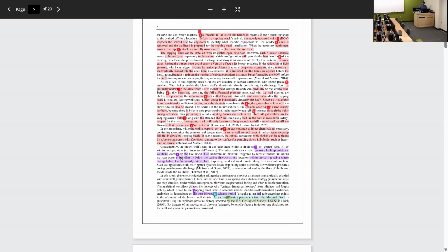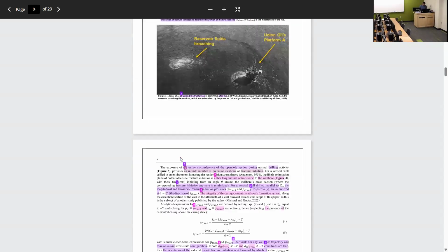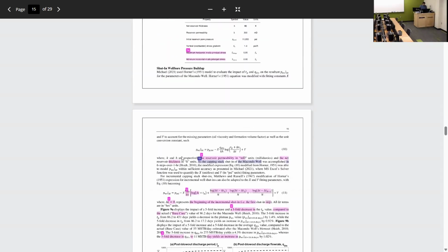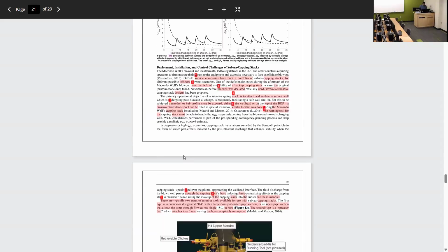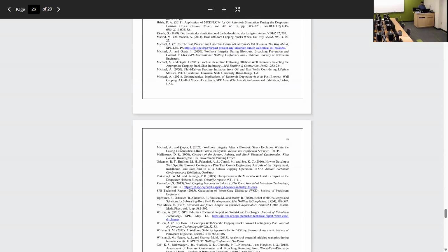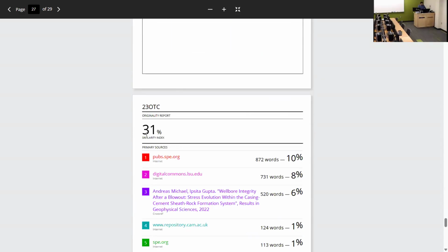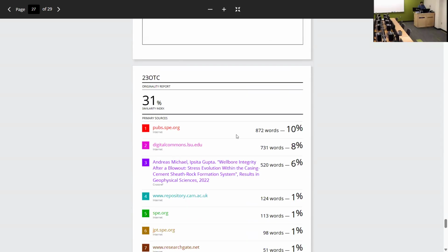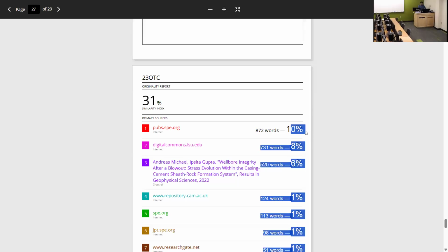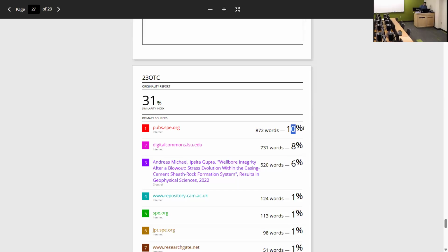you get a lot of words that are flagged, and then at the end of the report, it gives you a list of those. You see here, I did terrible, 31%, but I had 10% similarity with a certain work from this link.